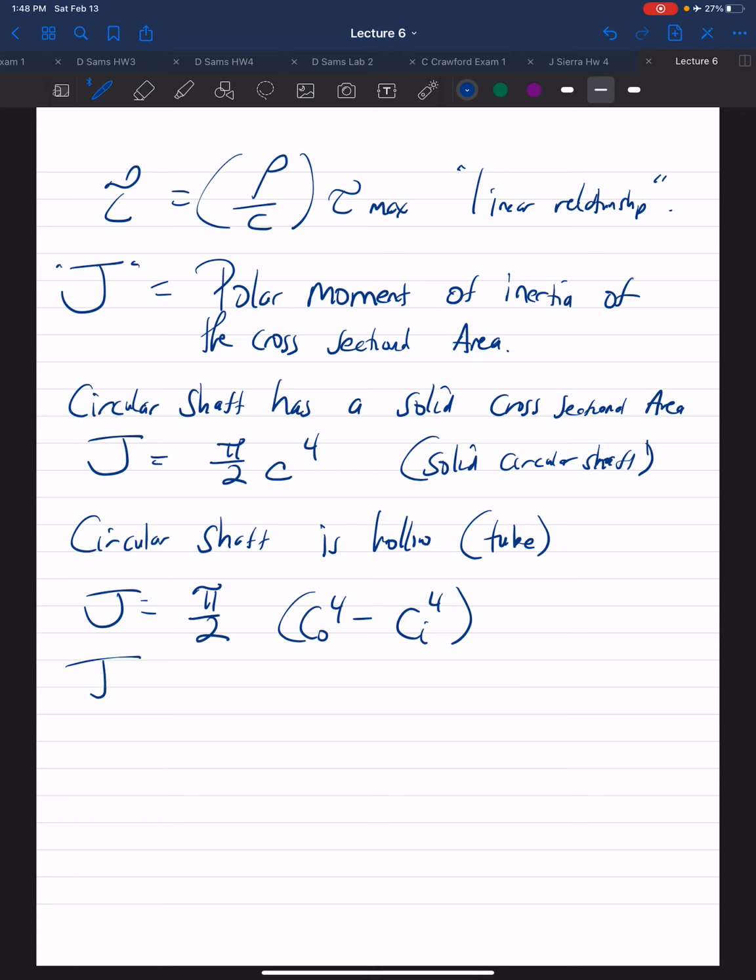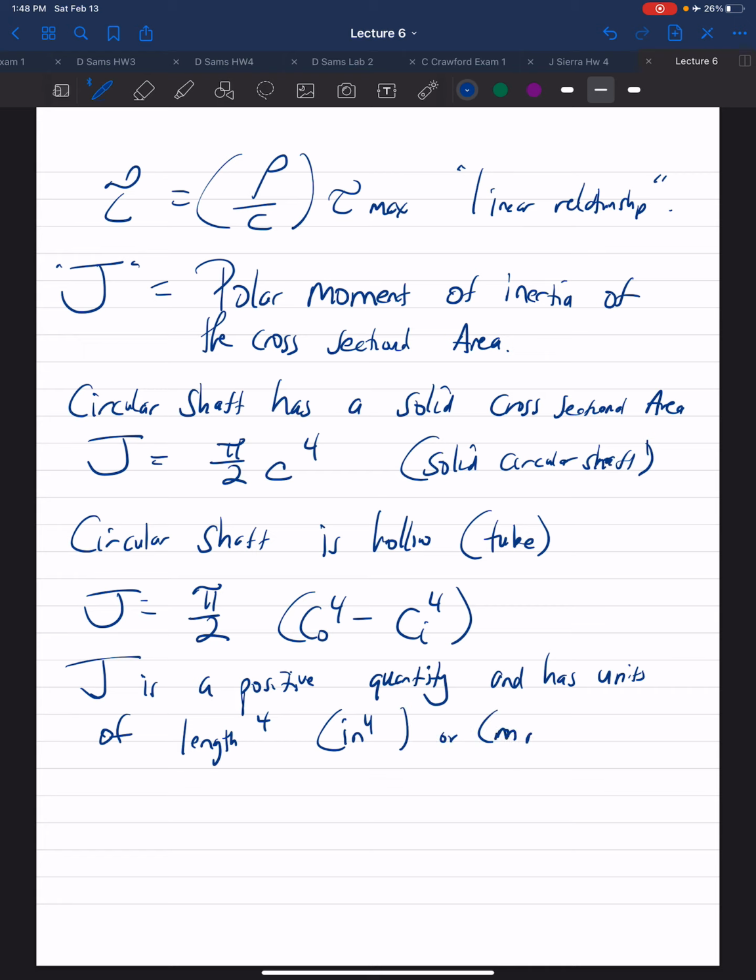So J is a positive quantity, and it has units of length to the 4th power. So this could be inches to the 4th, or say millimeters to the 4th power.